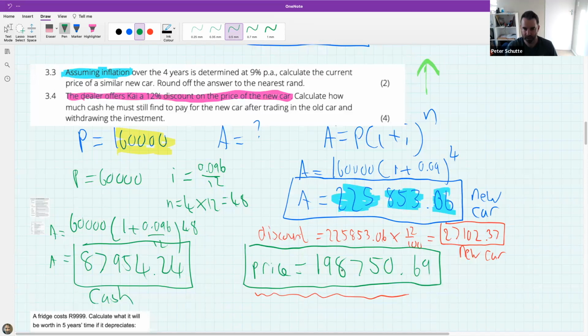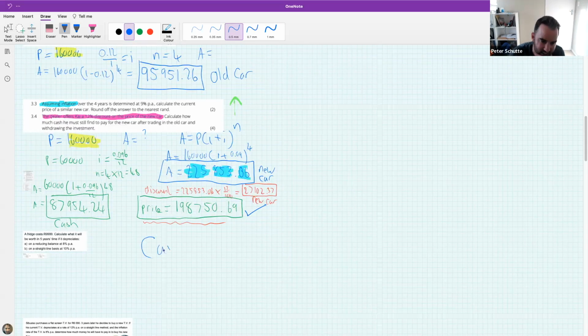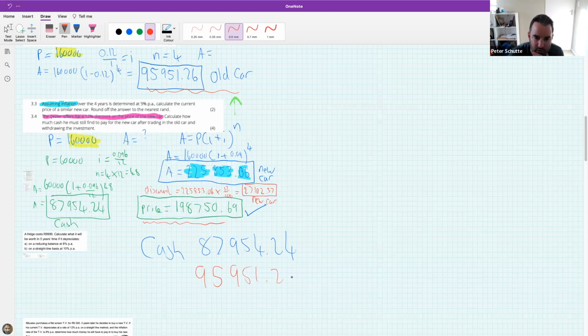So what do we have to work out? We know that a new car will cost us that much. How are we going to pay for this 198? Well, we have cash of 87,954.24. We've got the old car that we're trading in that gives us 95,951.26.